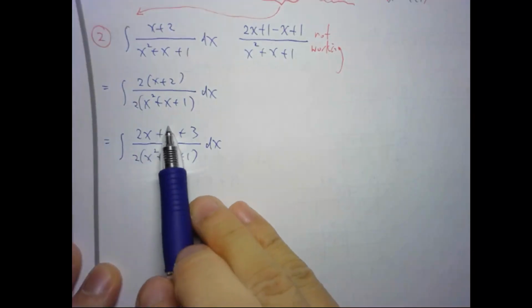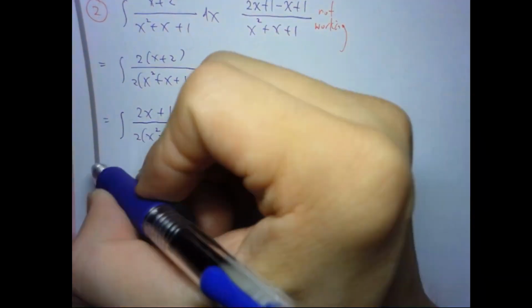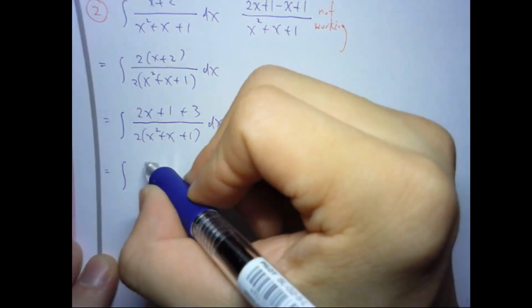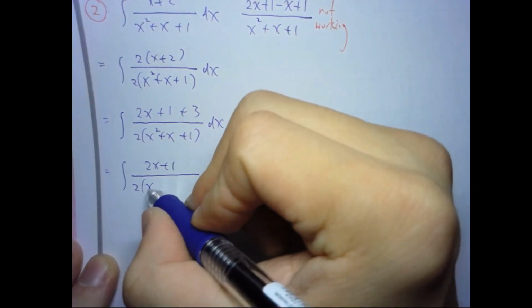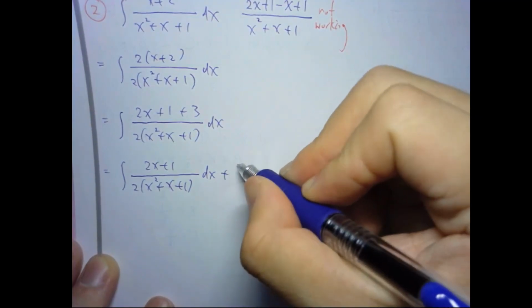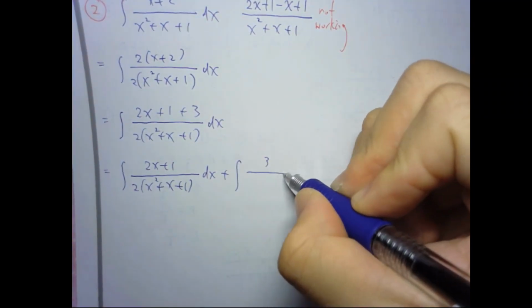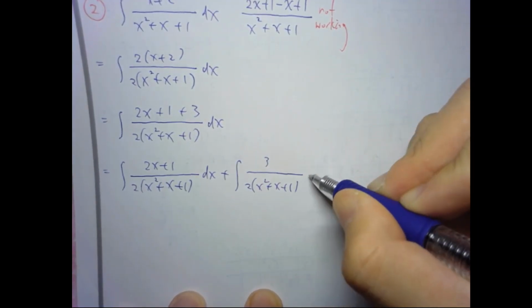Now I can split the fraction into two parts. Okay, let's do this. 2x plus 1 over this, dx, plus integrate 3 over 2 times x squared plus x plus 1.